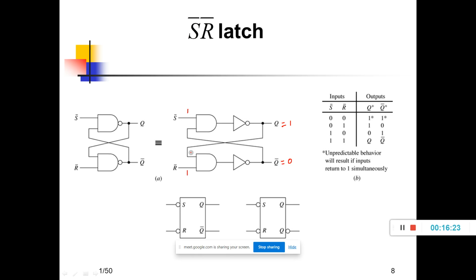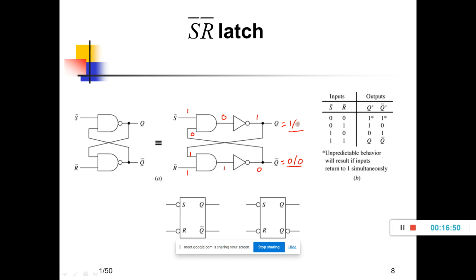Okay, so this 1 will come here and this 0 will go here. This Q bar 0 will go here. 1 and 0 is 0, NOT of 0 is 1. So what will I get? 1 I will get here. Next 1 and 1 is 1, NOT of 1 is 0. What will I get? 0 I will get. So it is retaining the previous state, or the present state, we can say.